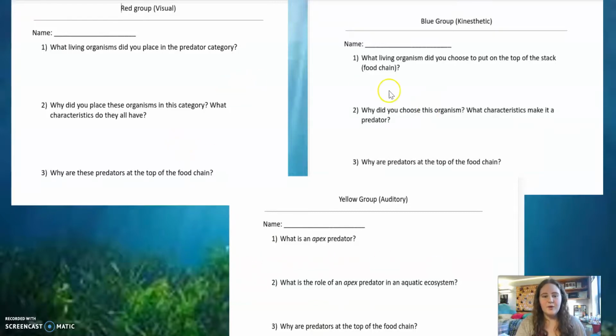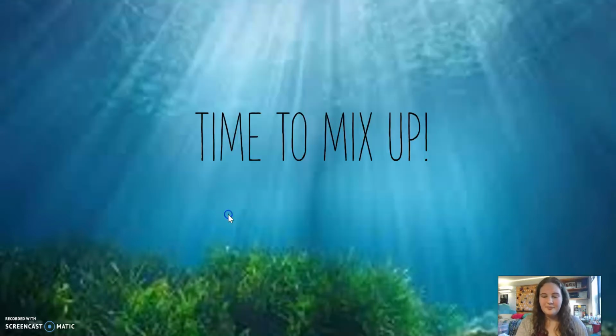So these are the worksheets that we're going to be working on: red group, blue group, and yellow group. Questions 1 and 2 are unique to your individual group. Question number 3, which is why are predators at the top of the food chain, is a question that every group has, and we're going to talk about that a little bit more. So I'm going to give you guys time to work in your groups and get that going.